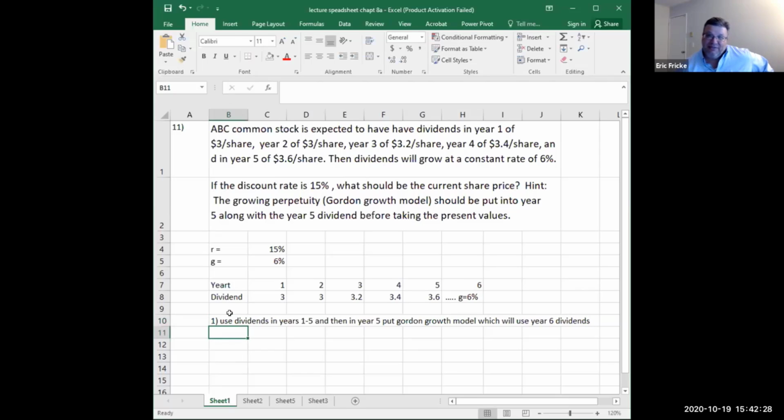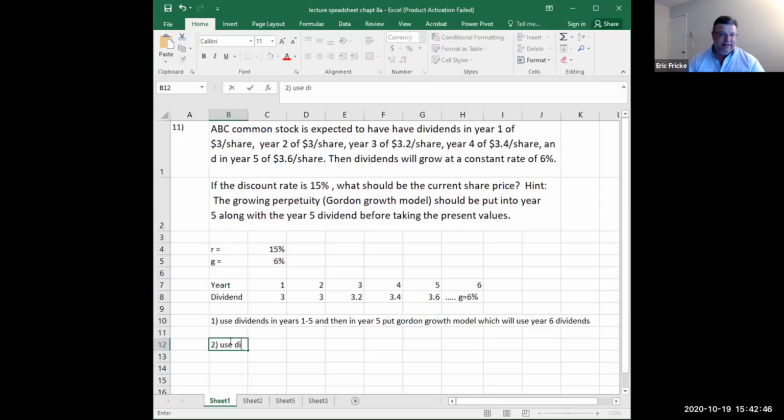So it's almost like we have to forecast another one. Okay, and this was kind of what was in that hint. But there's another way. I'm just going to outline the two ways to look at it first.